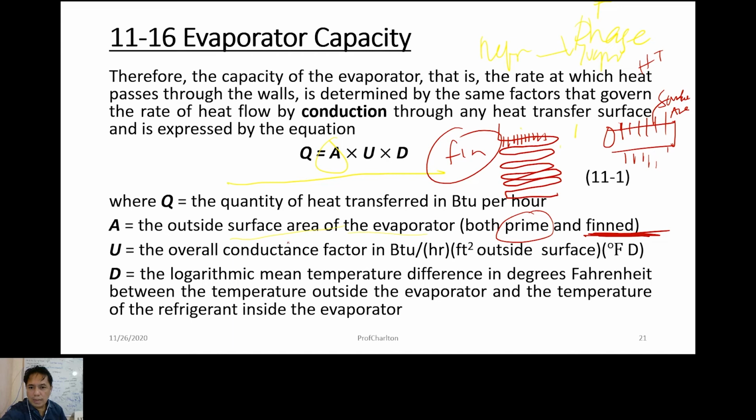U is the overall conductance factor, in BTU per hour per square foot of outside surface per degree Fahrenheit. And ΔT is the logarithmic mean temperature difference. So it is like a delta T, or TD. Some are using delta T and TD, difference, temperature difference.